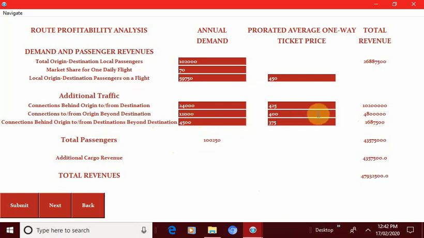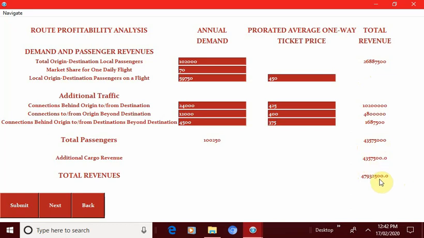You can calculate from these three, and for the local passengers this was the revenue. So in all, the passenger revenue was this much. The additional cargo 10% of this particular passenger revenue, and the total revenues was this much.